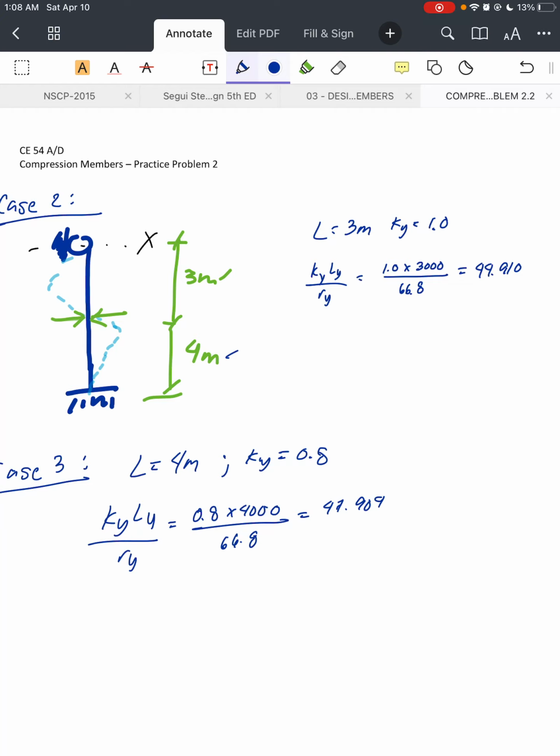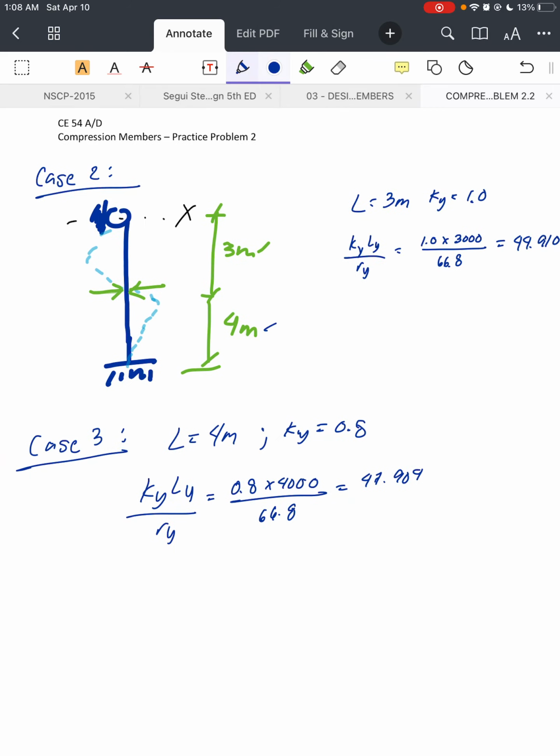So ibig sabihin yung pinakamalaking slenderness or the critical slenderness ratio na nakuha natin is yung 48.696. Okay.